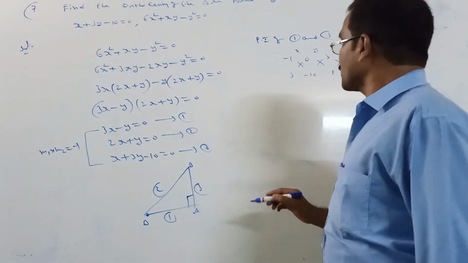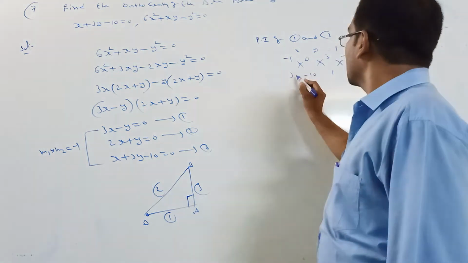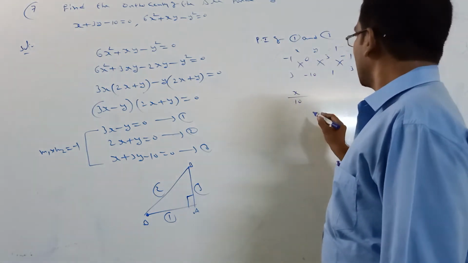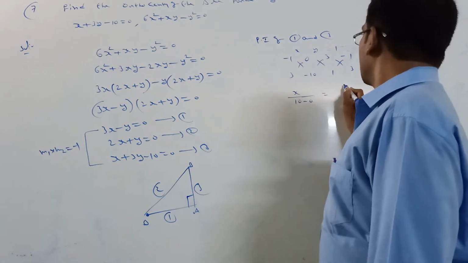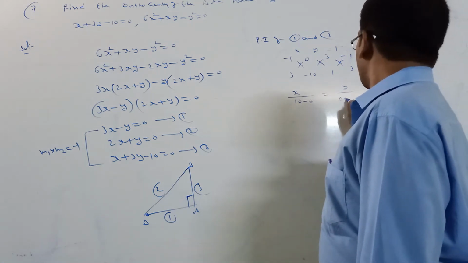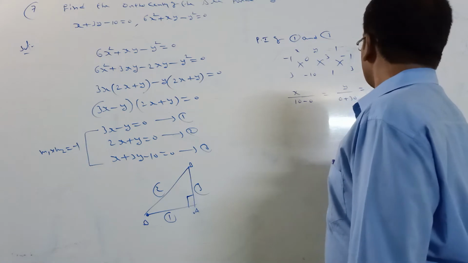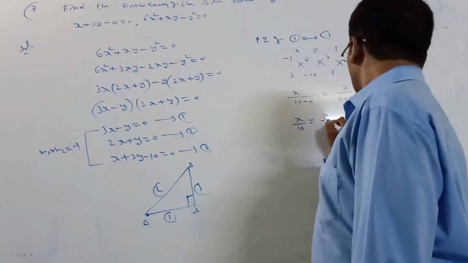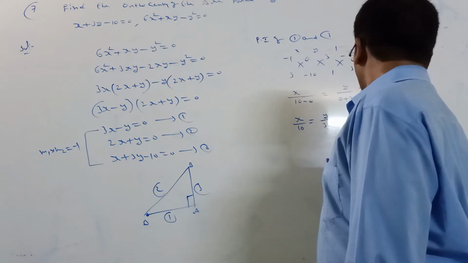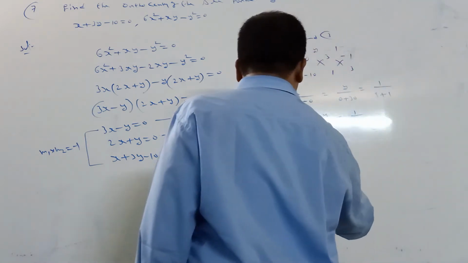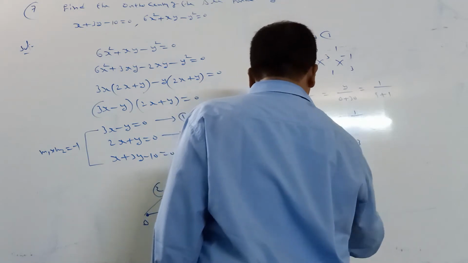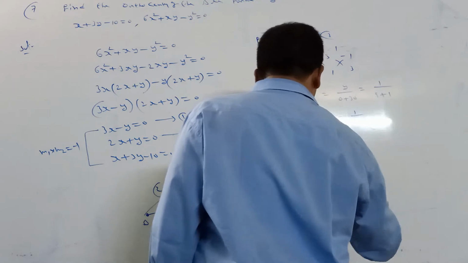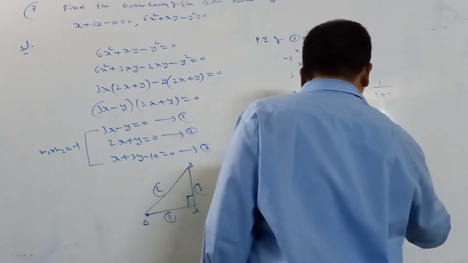Finding the orthocenter by using the cross multiplication method: x by minus 1 into minus 10, 10 minus 0, that is y by 0 plus 30, that is 1 by 9 plus 1. X by 10, y by 30, 1 by 10. So x is 1, y is 3. Orthocenter is 1, comma 3.